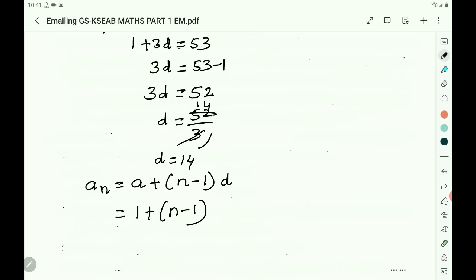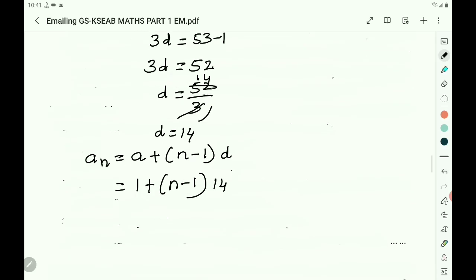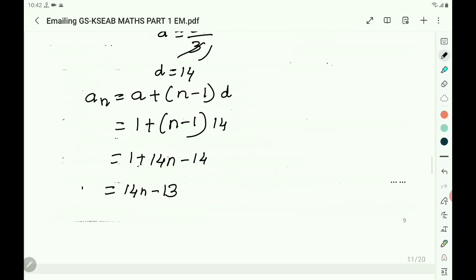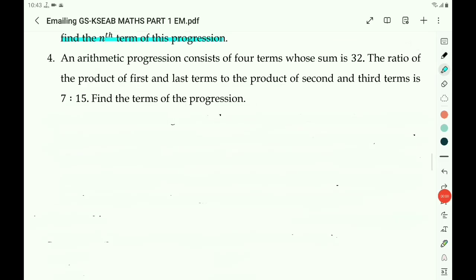Then you take d is 4, equals 1 plus 4 into n is 4n minus 1 into 4 is 4. Here you write 4n. 1 minus 4 is minus 3. So you got an equals 4n minus 3.